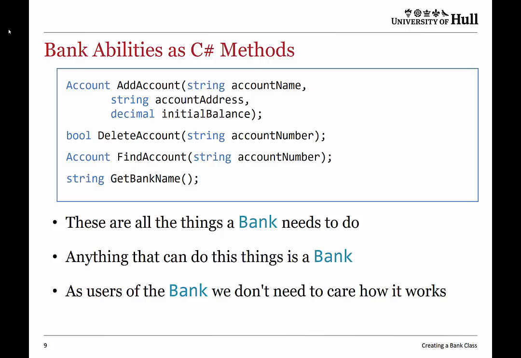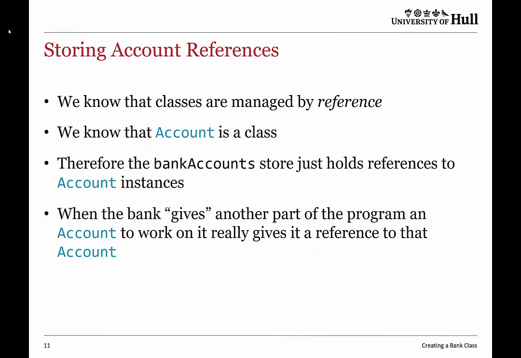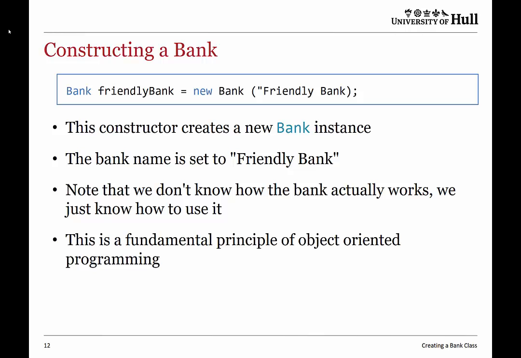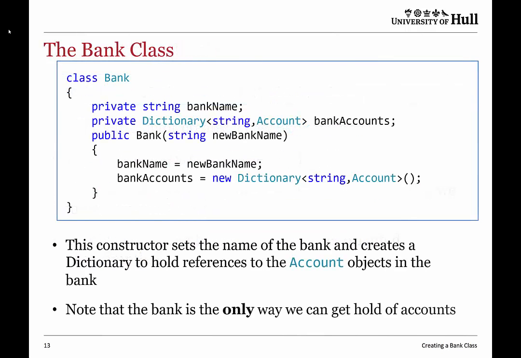People using my bank just call those four methods, and get the behaviours they want. They have no idea how it works inside. The underpinnings of the bank are totally hidden. This is a fundamental principle. I just grab the object and play with it. I don't know how it actually works internally.